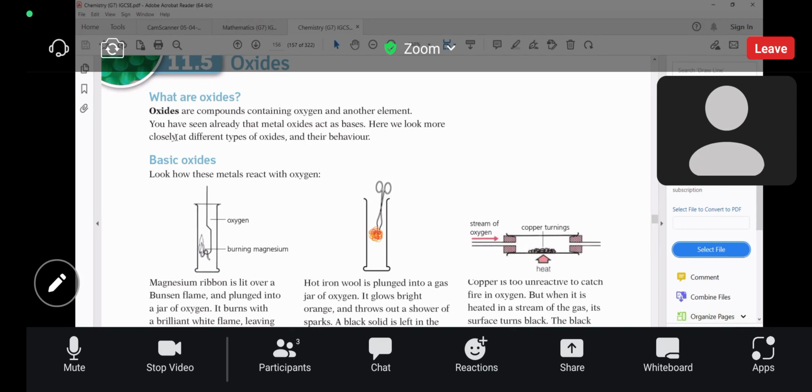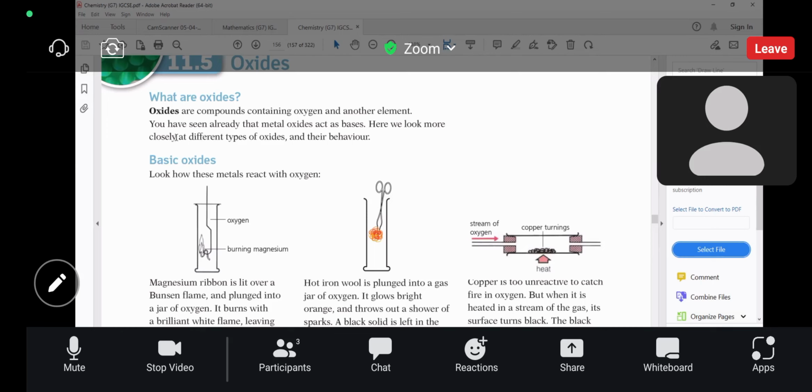Let's take aluminium. Aluminium will lose 3 electrons and form aluminium 3 plus. Likewise oxygen 2 minus. So here 3, here 2. By exchanging we will write Al2O3.